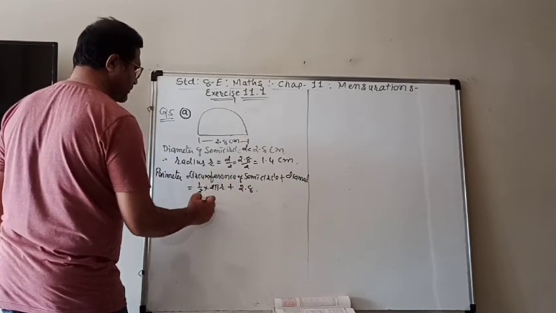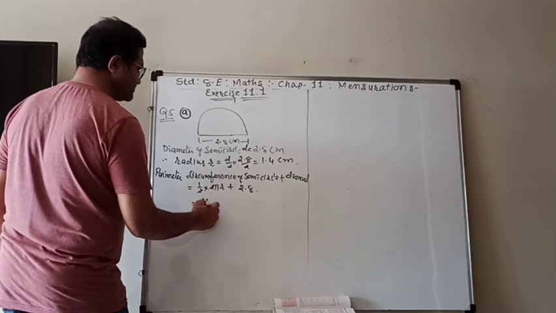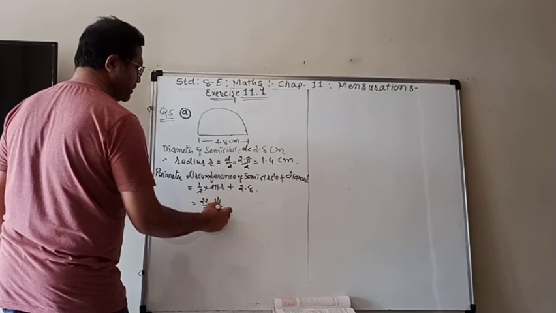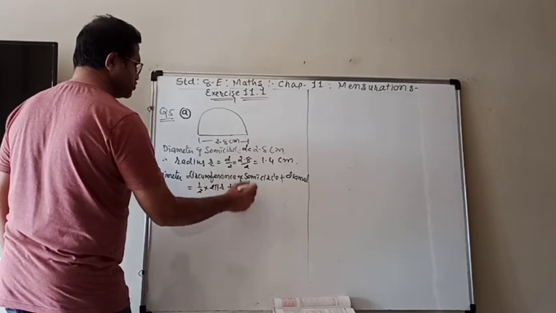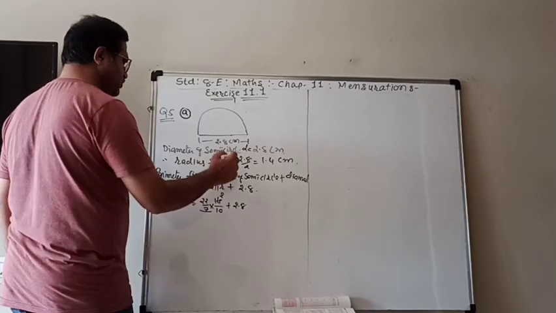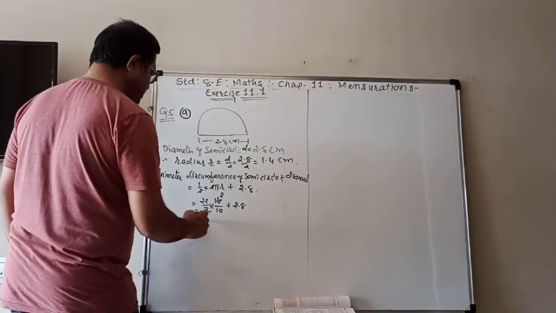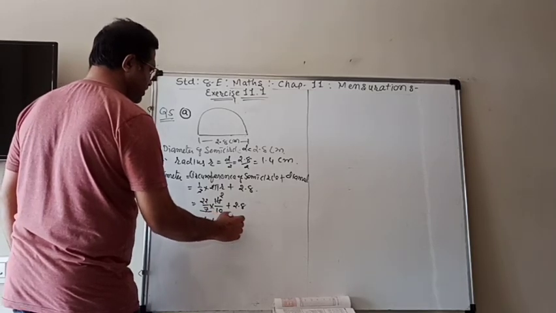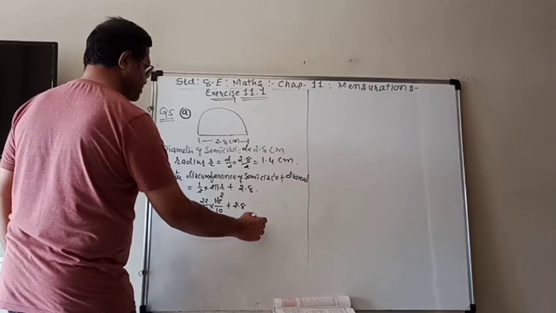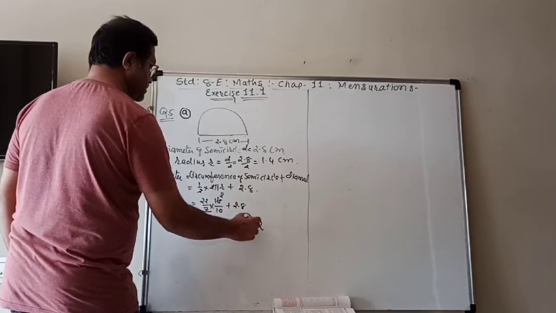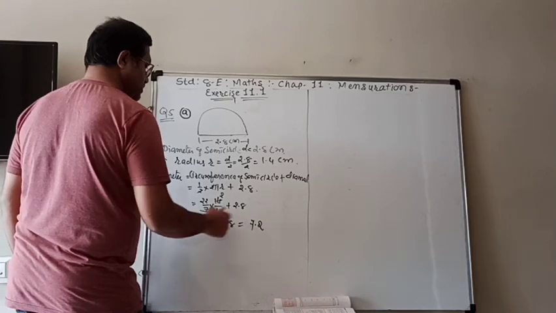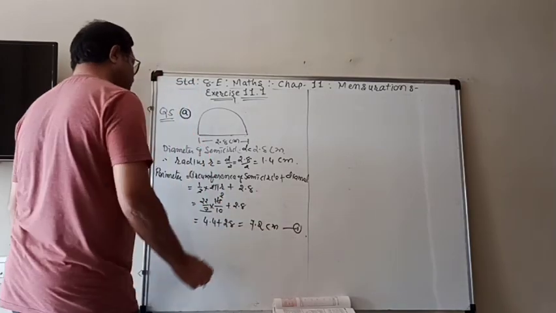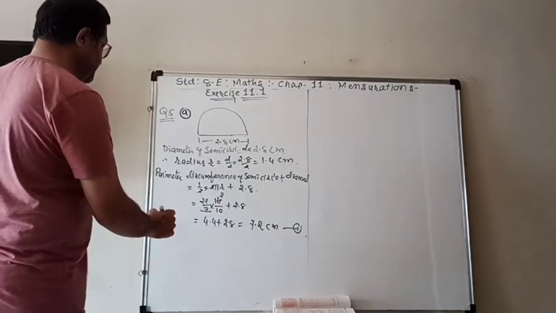Here 2 is cancelled, so pi is 22 by 7 into radius 1.4, means 14 upon 10, plus 2.8. 7 2s are 14. So 22 2s are 44. So 4.4 because of the 10, plus 2.8, and that is 7.2 centimeter. That is the perimeter of our first figure.